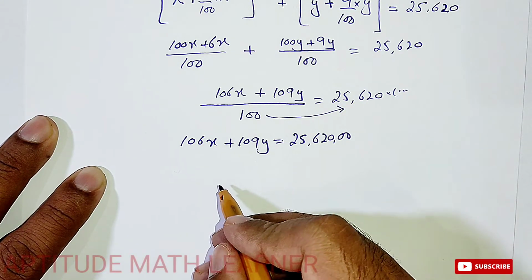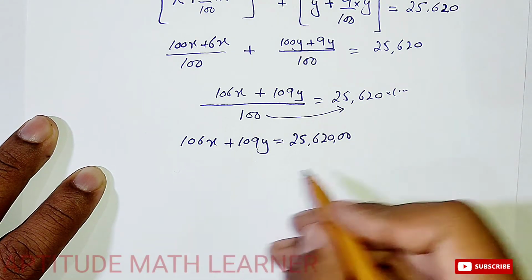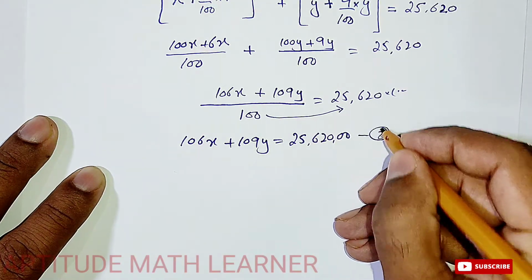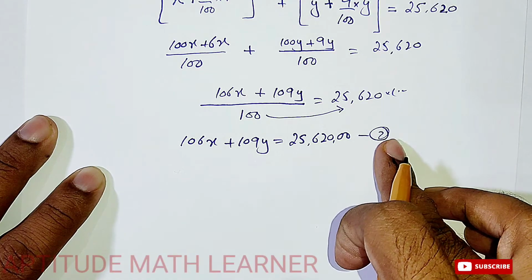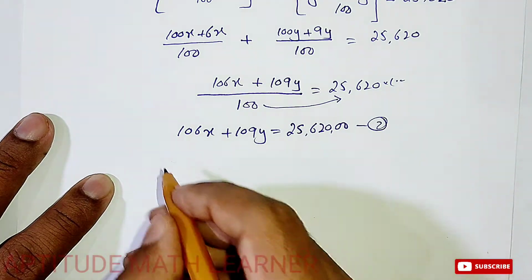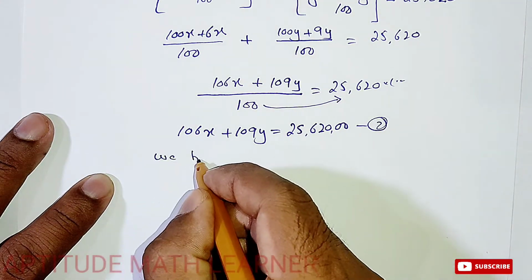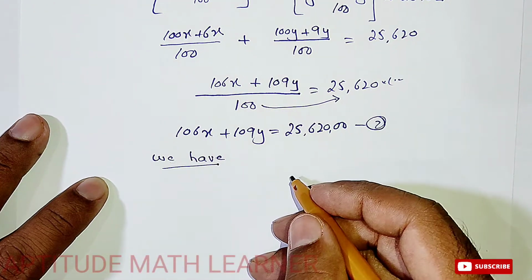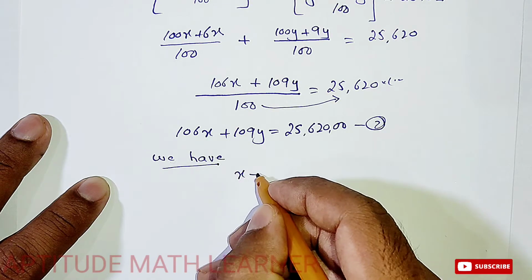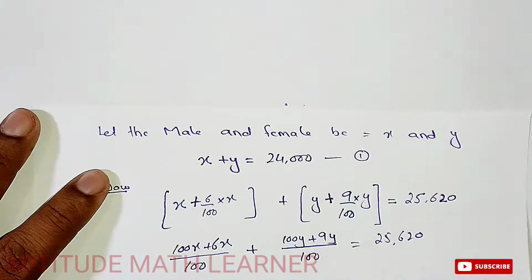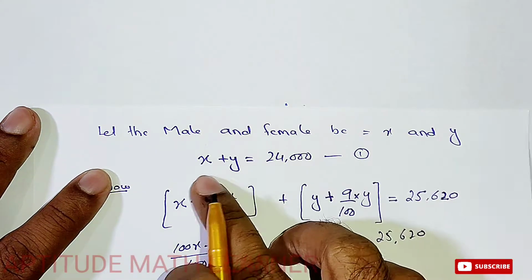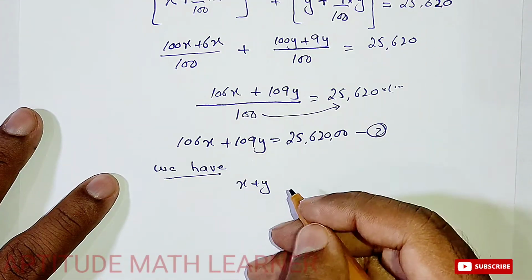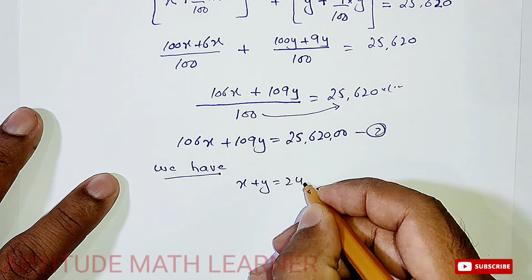Let's suppose this is equation number 2. We have equation number 1, that is x plus y is equal to 24,000.